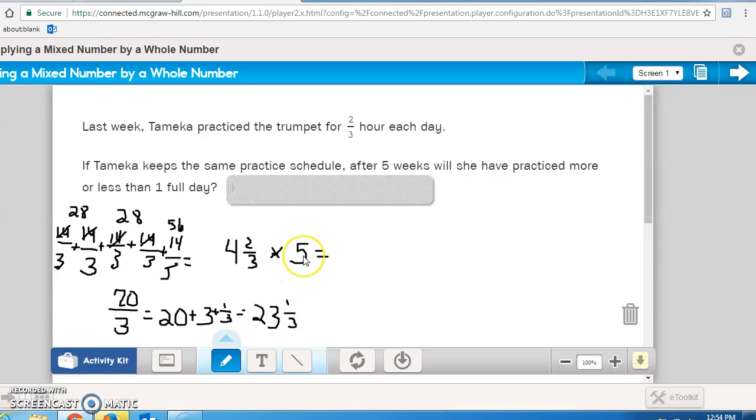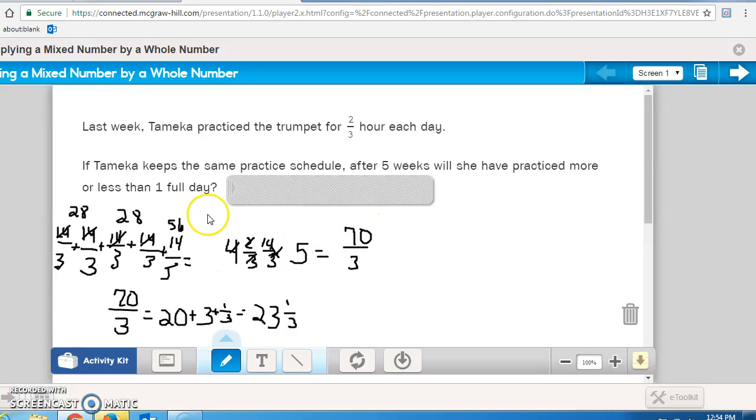So in order to multiply by 5, I need to change this mixed number into a fraction. How can I do that easily? Well, 3 times 4 is 12, plus 2 is 14/3 again. Now I leave my denominator the same, and I multiply the numerators. 5 times 14 is 70.